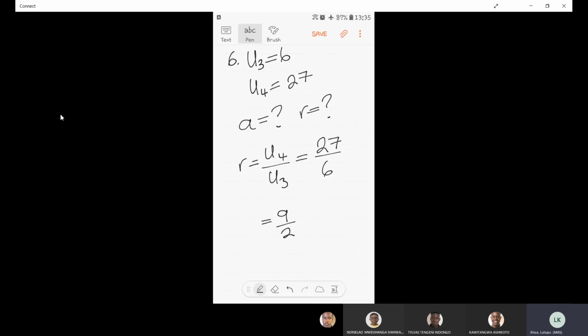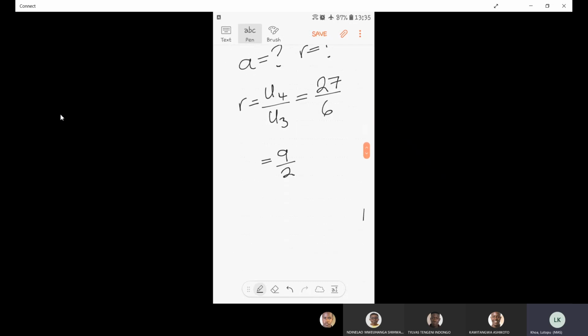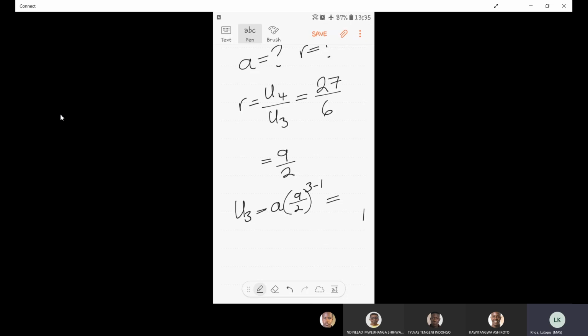So to get the value of A, what we can do is use these terms that we have. We know that U3 is equal to A multiplied by R, which is 9 over 2, to the power of 3 minus 1. And this should be equal to 6.